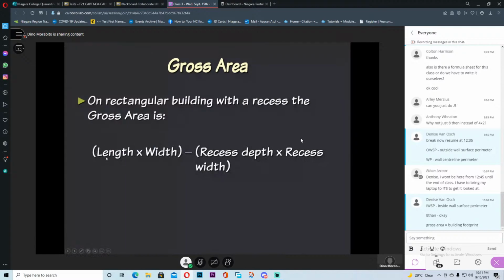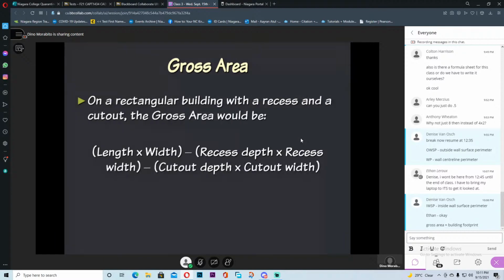So it's going to be the length times the width minus basically the depth and width of the recess. If I have a recess and a cutout, I'm going to do another calculation, and I'm going to subtract the depth and width of the cutout. Now, that's all good, and that gives me the outside area of the building.